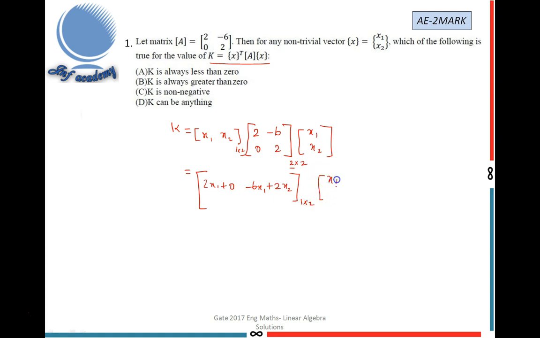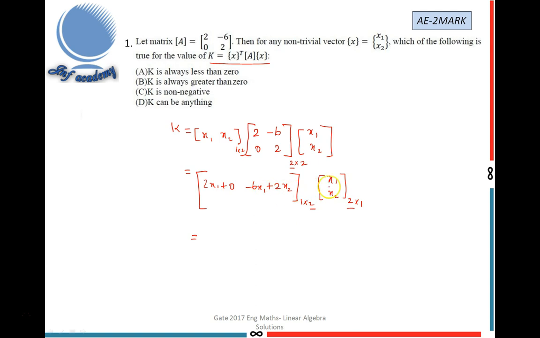Here another matrix is x1, x2. This is a 2 by 1 matrix. So you can multiply these two matrices because these two values are equal, 2 and 2. Finally I got one element, a 1 by 1 matrix.